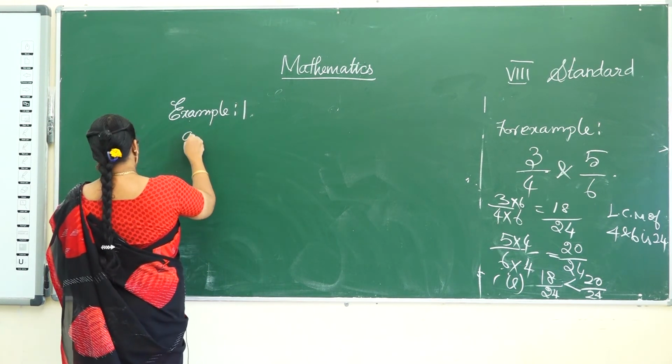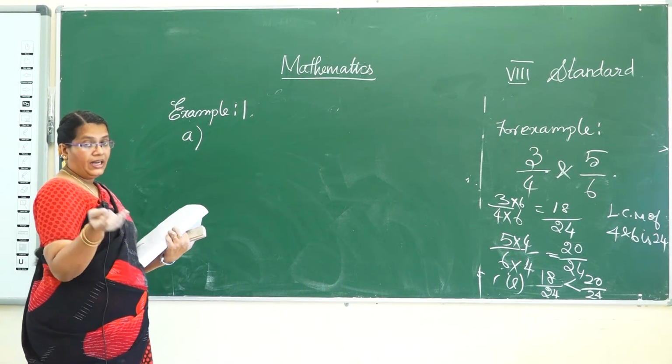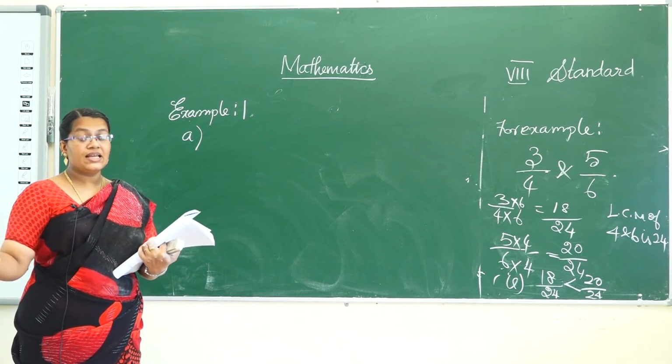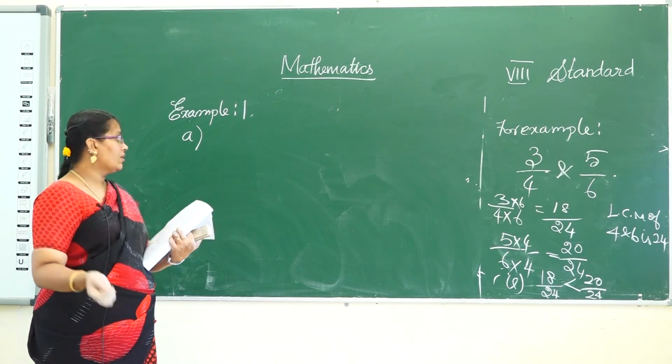Compare the following. Already you know the three types of comparison: one where the numerators are the same, second where the denominators are the same, third where the numerator and denominator are both different.